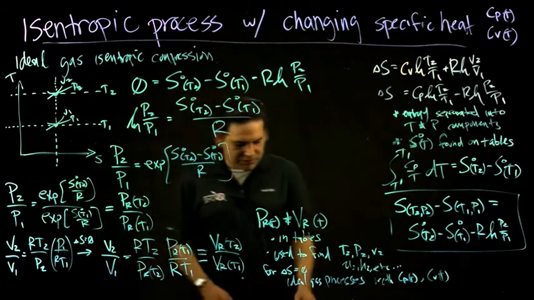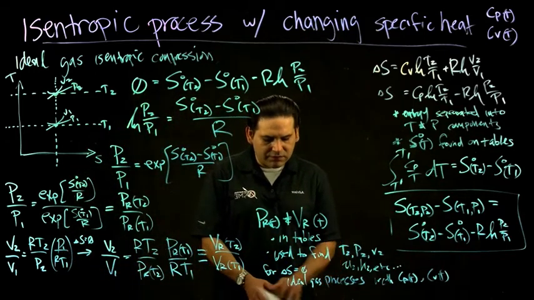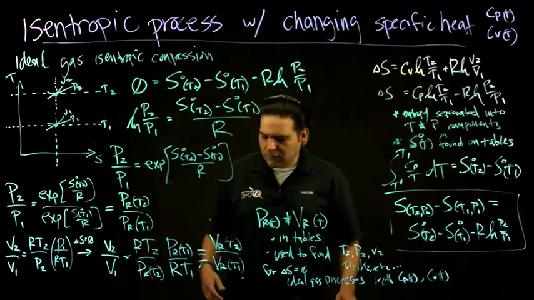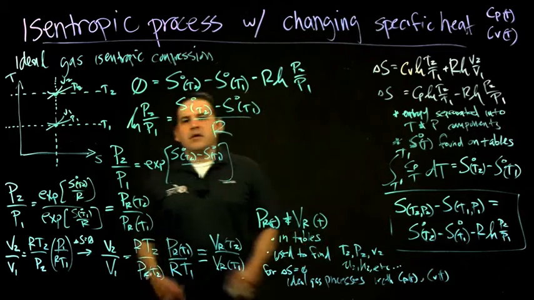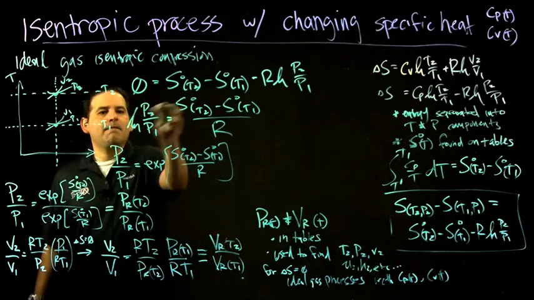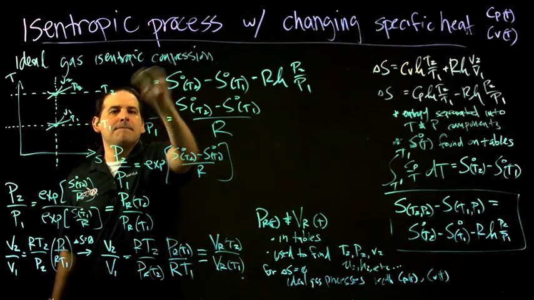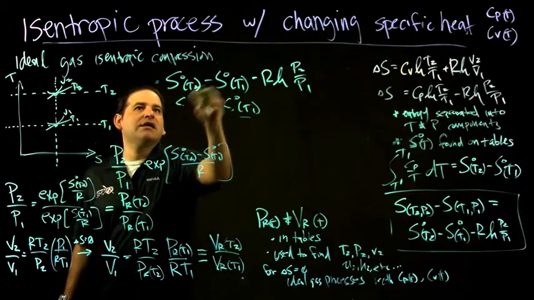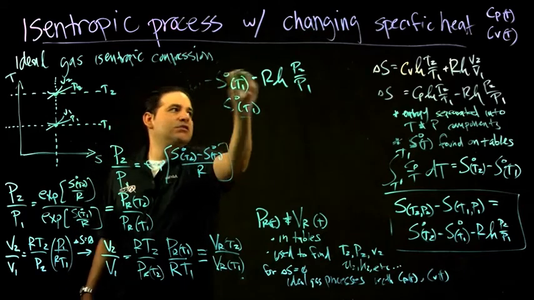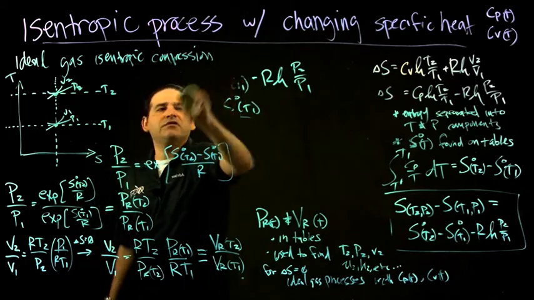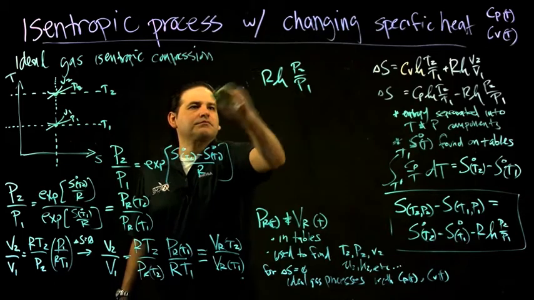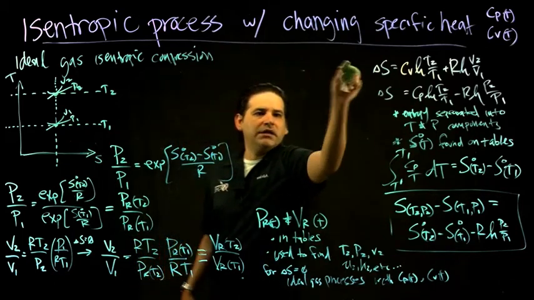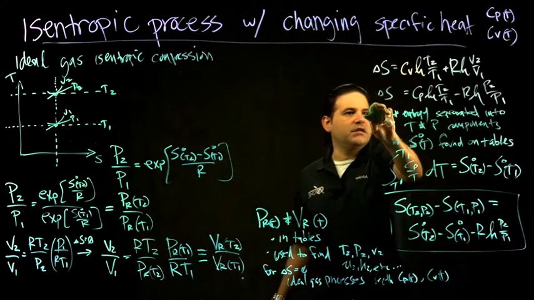Okay, so now let's see how this works a little bit. If we're going to have an isentropic compression of an ideal gas, taking into account this variable specific heat, we would write the first law and then try to relate one state to the other.